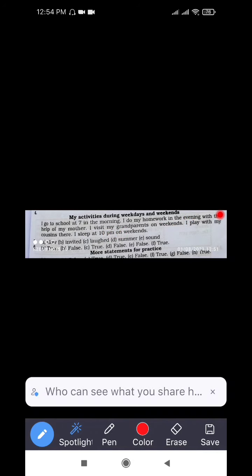I play with my cousins there. I sleep at 10 p.m. on the weekend. So this is a 5-line short composition. Remember, you need to write the headline here: My activities during weekdays and weekends. Then you will write 5 lines.